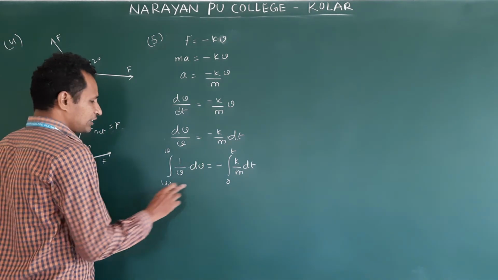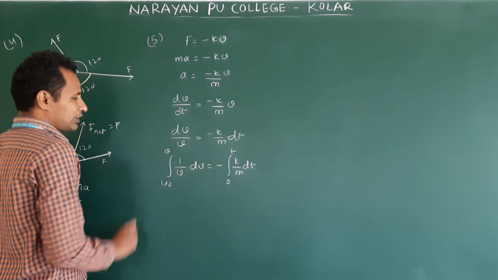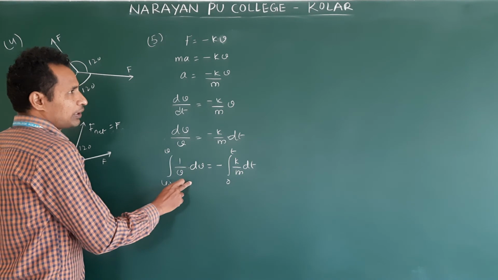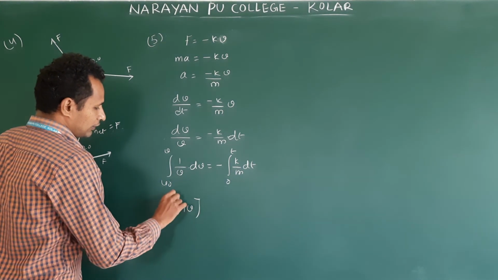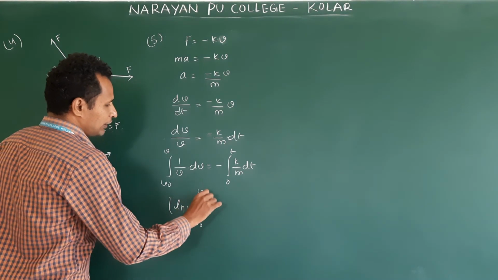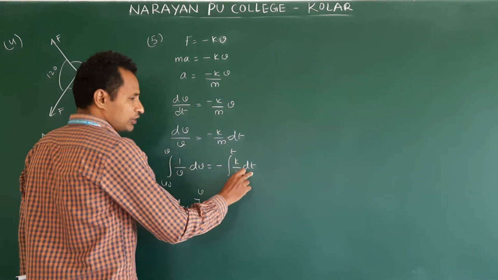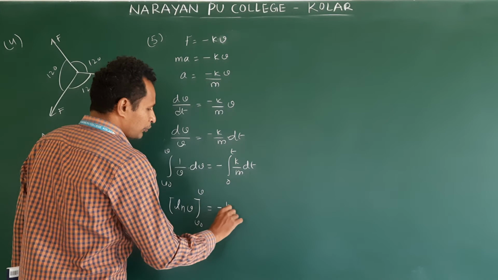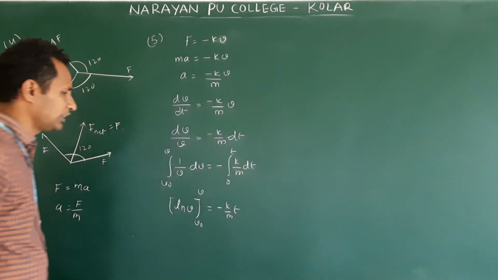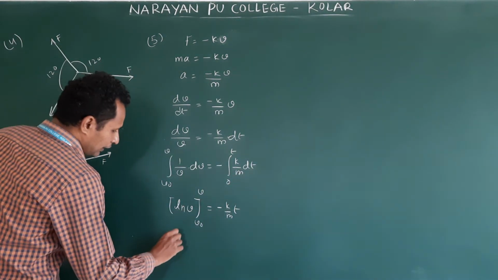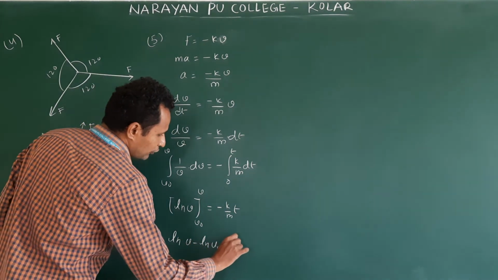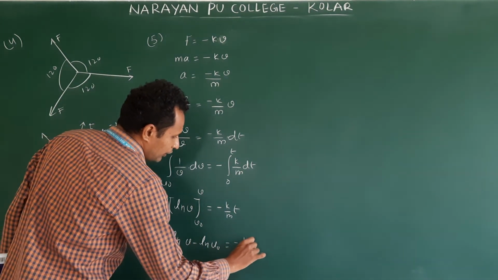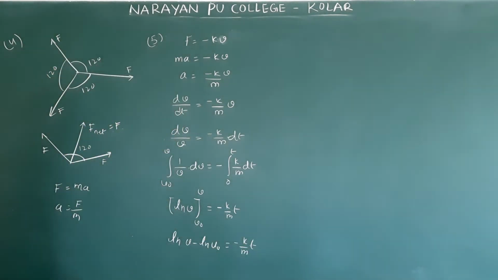When time is 0, the velocity is the initial velocity v0; at time t, the final velocity. The formula for ∫(1/x) dx is ln x. So [ln v] from v0 to v equals minus k/m times t, which we write as ln v − ln v0 = −(k/m)t.